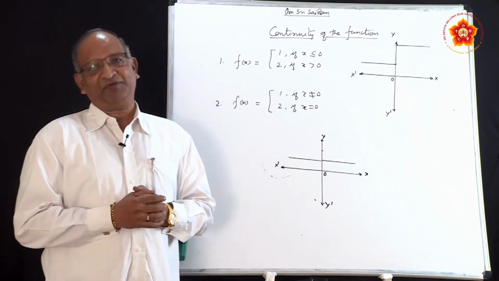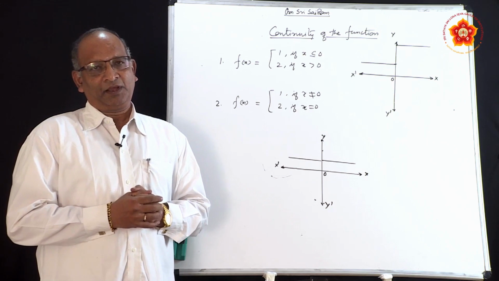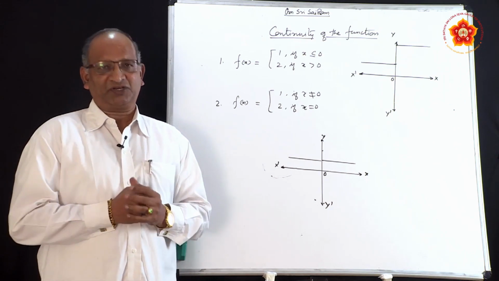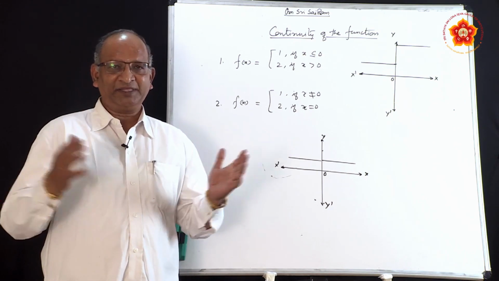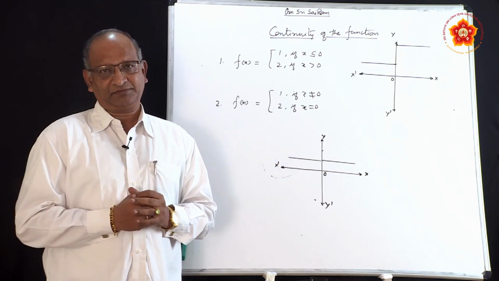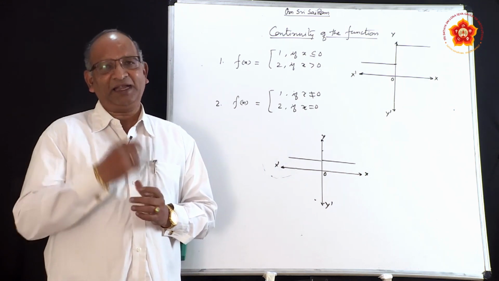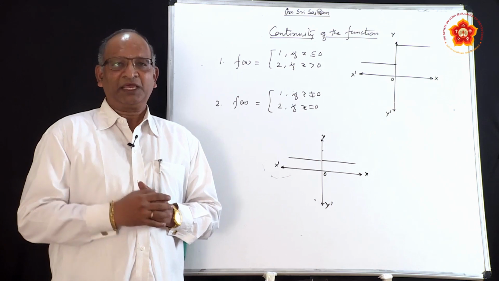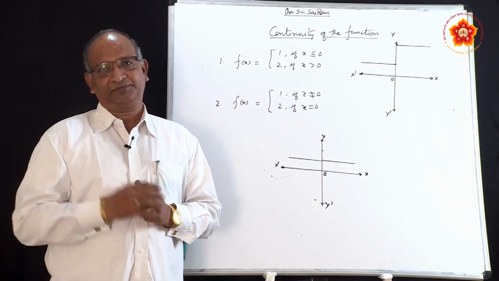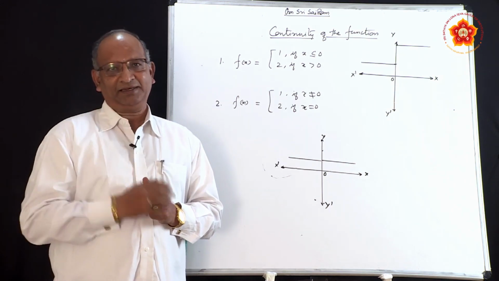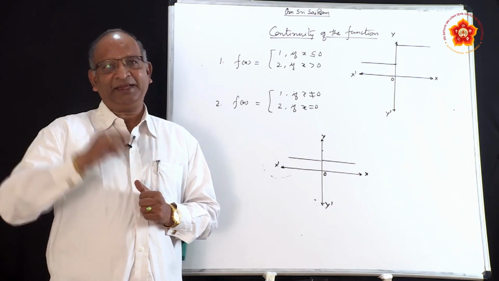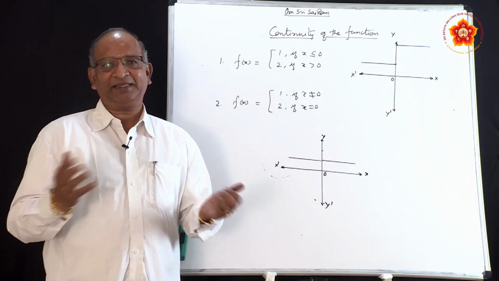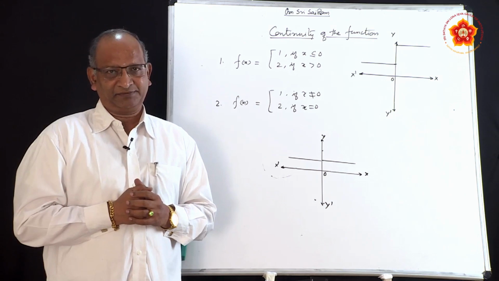whenever a function is given, if you draw the graph of the function within the given interval in such a way that while drawing the graph you don't need to lift the pencil from beginning till the end, we say that the function is continuous.